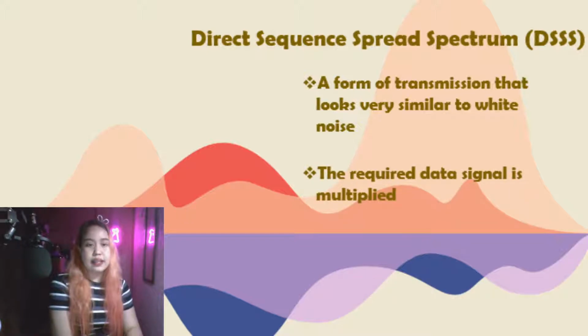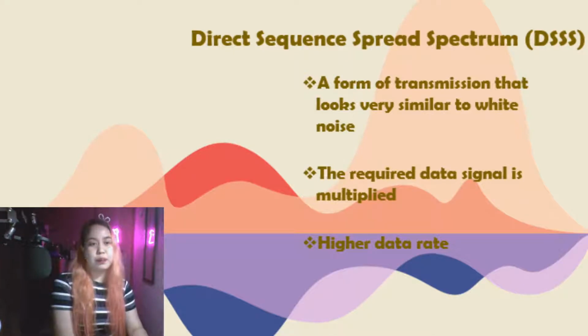When transmitting a DSSS signal, the required data signal is multiplied with what is known as a higher rate spreading or chip code data stream. The resulting data has a higher data rate than the data itself. Often, the data is multiplied using the XOR or the exclusive OR function.